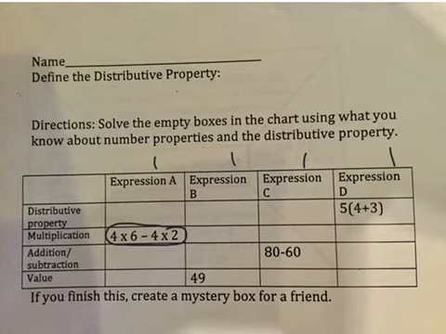So if you were to use this equation and try to change it into distributive property, you're going to look at what's available there to you. As you see, you've got 4 times 6 minus 4 times 2. So the common factor that you see there is 4. So 4 is going to go outside the parentheses, and 6 minus 2 is going to go inside the parentheses.